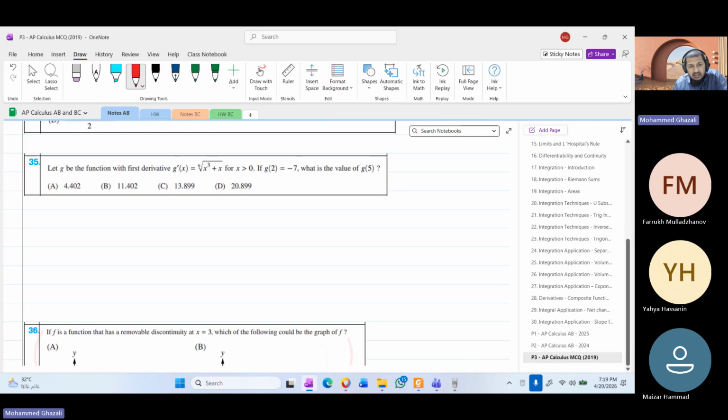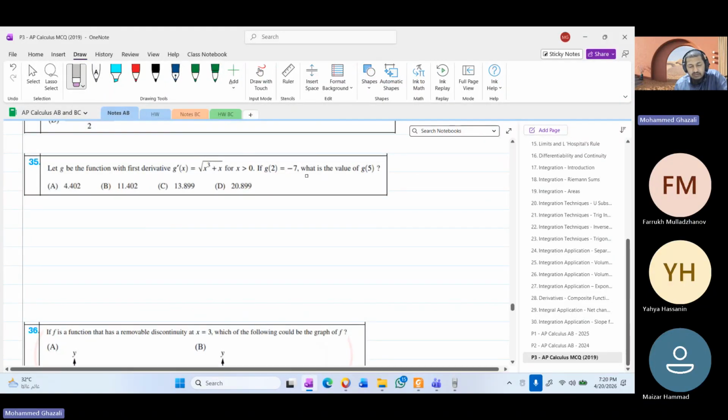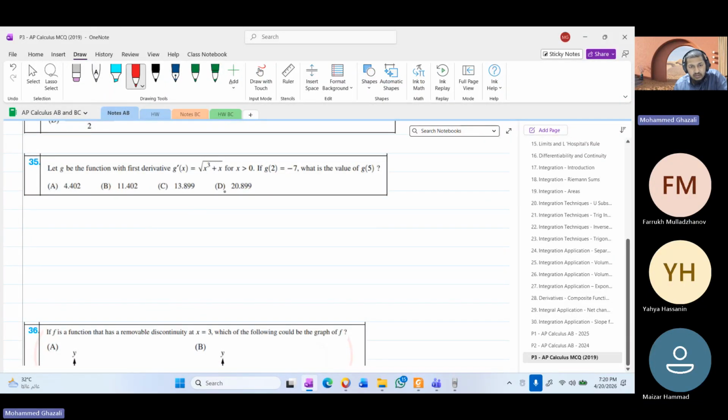If we integrate g prime of x we get g, but we will not get g of x directly because we're integrating over a boundary, from 2 to 5. We want to find the value of g of 5.